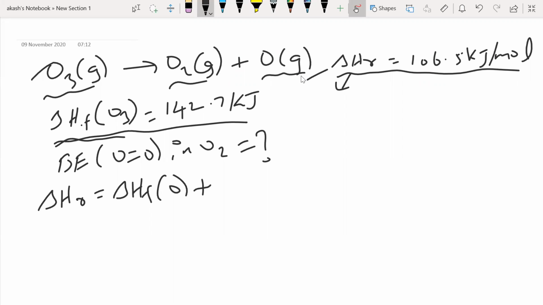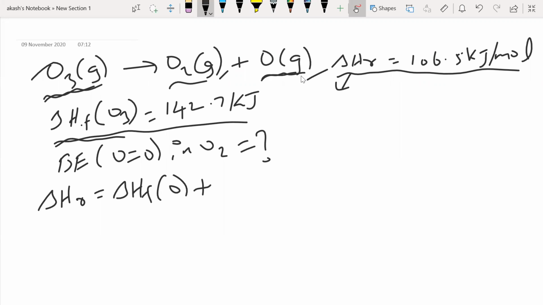Exactly. I told you, whenever you see elements in their stable state, O2, H2, N2, sodium in its elemental form, we even wrote a note, if you remember: enthalpies of formation of elements in their stable state is 0. O3 is not the stable state, but O2 is, that is how it's available in nature.